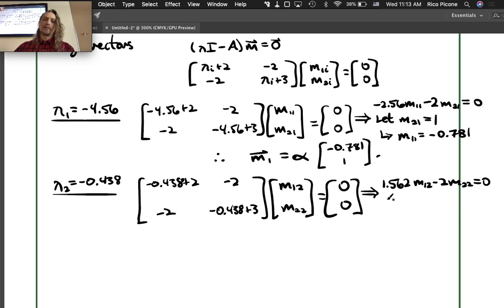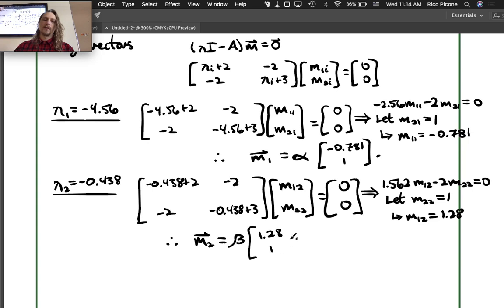For some reason I was really into letting the second one be 1, so let m22 equal 1, and we get that m12 equals 1.28. Therefore, m2 is equal to some scaling of 1.28 and 1.